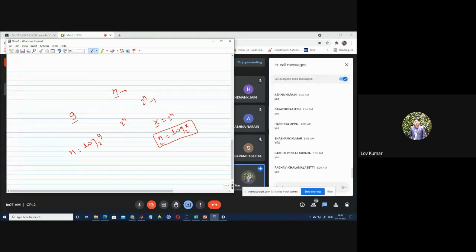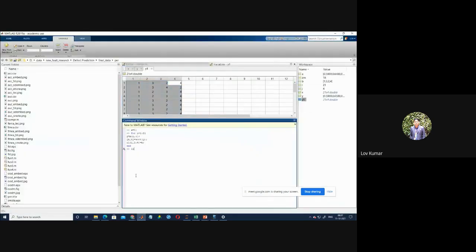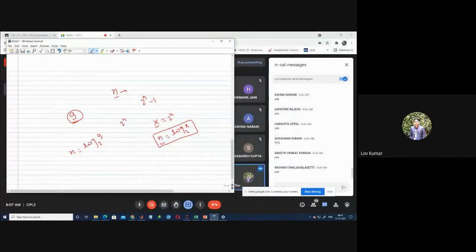Our main objective is to generate n different addresses. Now we use the calculator to find the value of log 9 base 2. What is the value? It comes to 3.16.